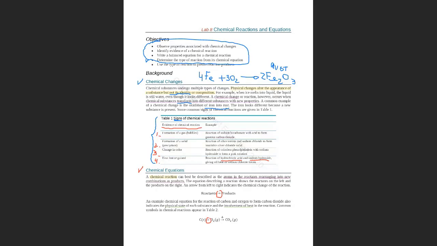So not all chemical equations are going to have a plus, only if we have more than one reactant or more than one product. What else do we have in a chemical equation? We write the physical state of the reactants and the product in parentheses.